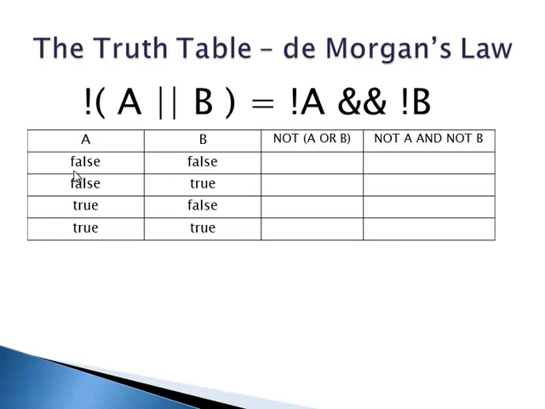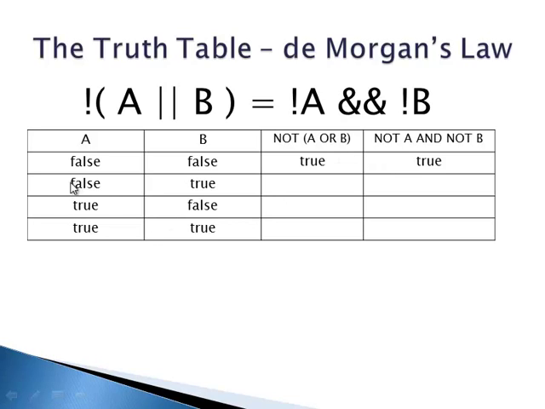In other words, we have covered all the possible bases of the two quantities, A and B. Let's take a look at false and false. If we have false or false, then neither one of them is true, so this resolves to false. However, that will be inverted, and we will get a true. Now if we look here, not A, which is not false, is true, and not B, not false, is true, so that resolves to true.